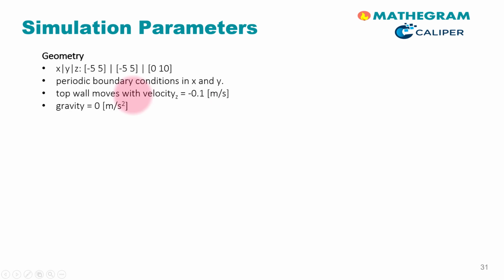The geometry consists of the box with a length of 10 units that is centered in the XY plane and it extends into the Z direction. Periodic boundary conditions similar to the discussed Lees-Edwards boundary conditions, but of course without shear, are imposed in the X and Y direction.